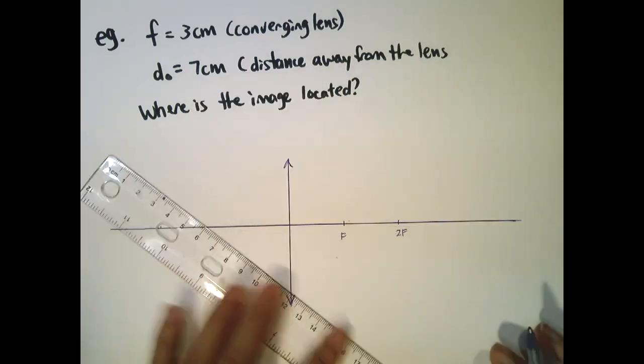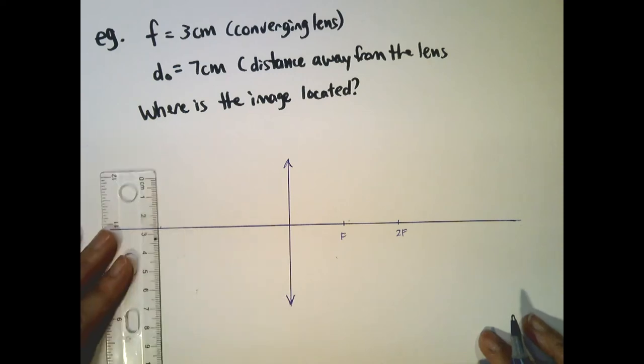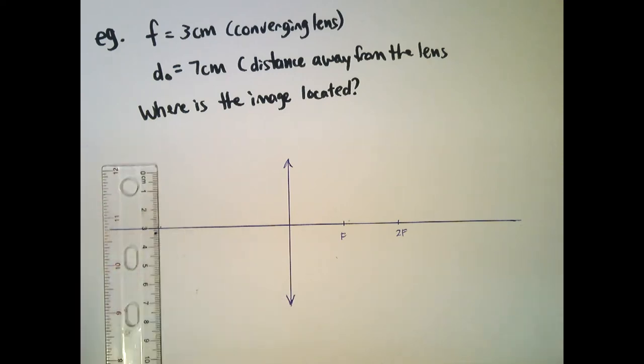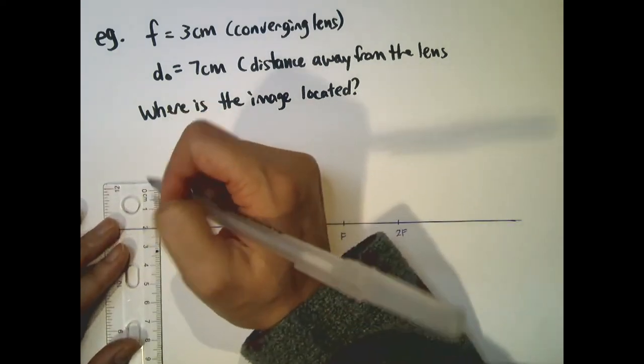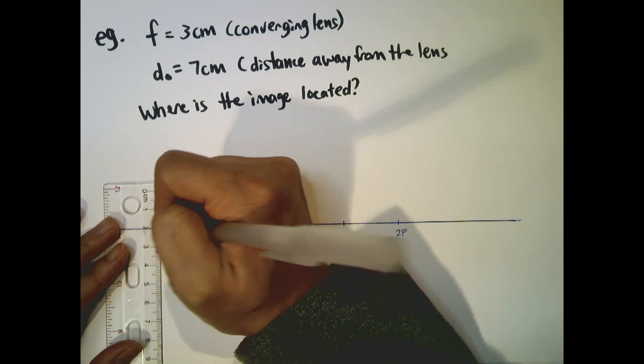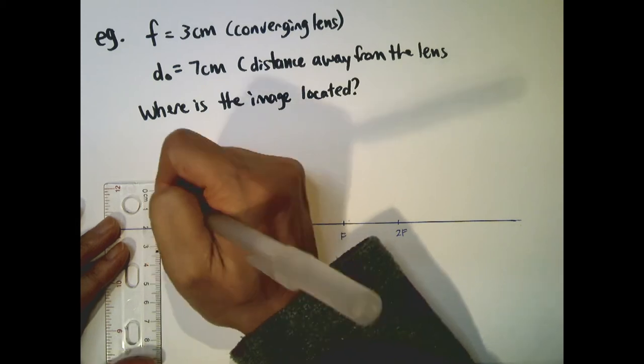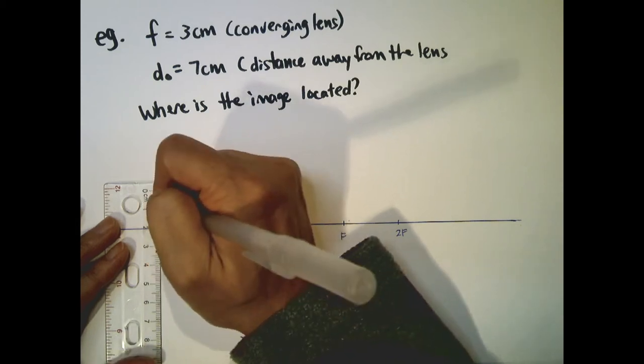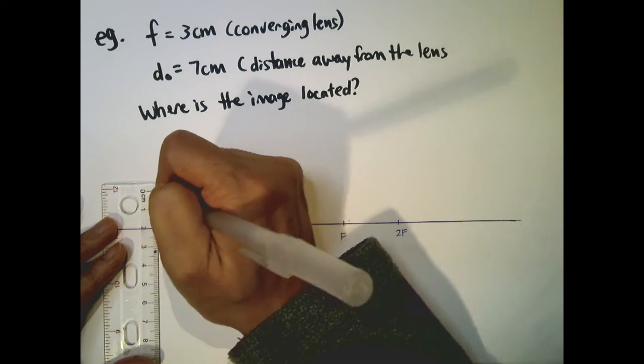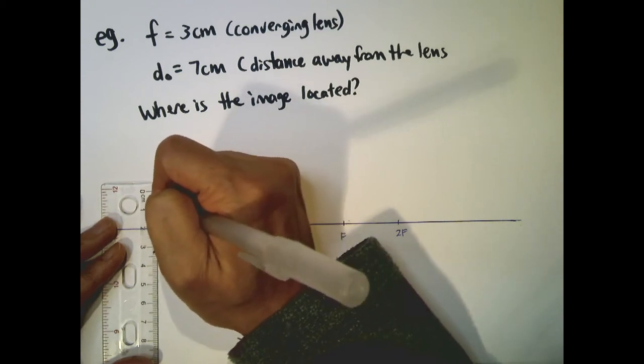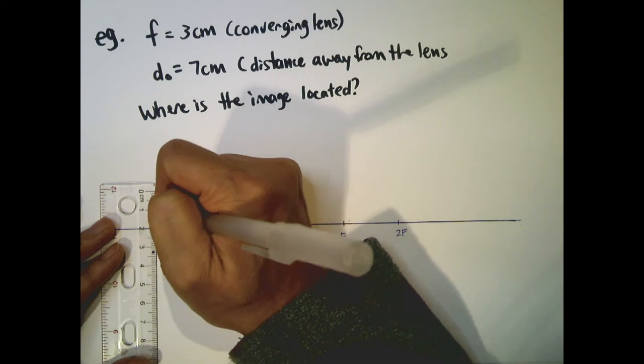So 7 centimeters away looks like over here. Let's draw a 2 centimeter high candle. That sounds like a good idea. So here's my candle, and it's about 2 centimeters high.